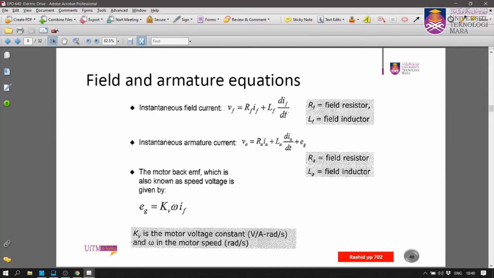Okay, and then we have the instantaneous armature voltage VA equals RA IA plus LA dIA over dt plus EG.